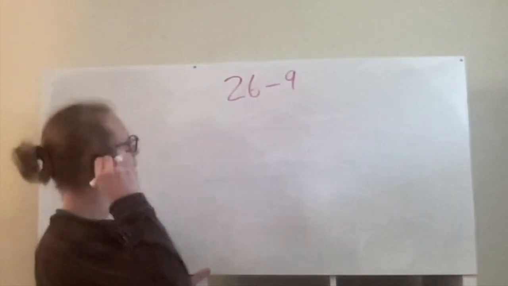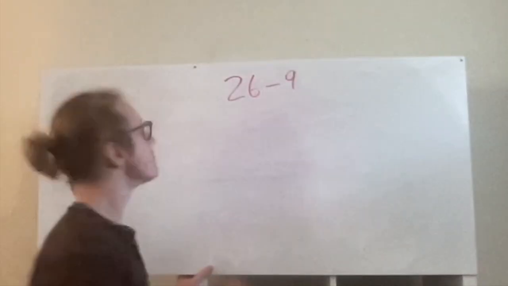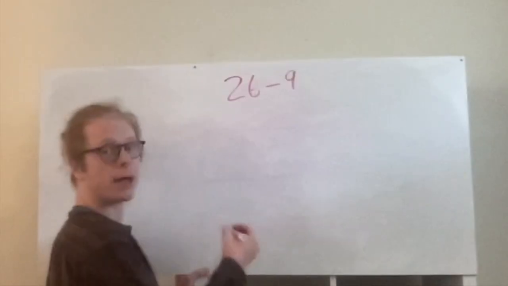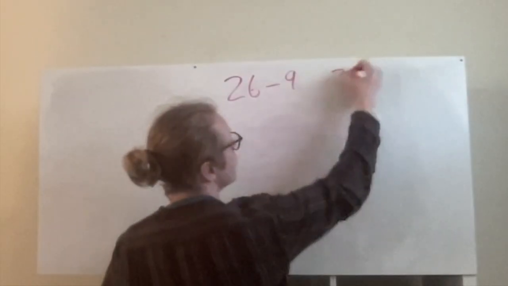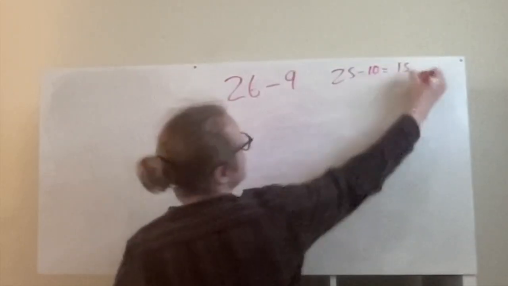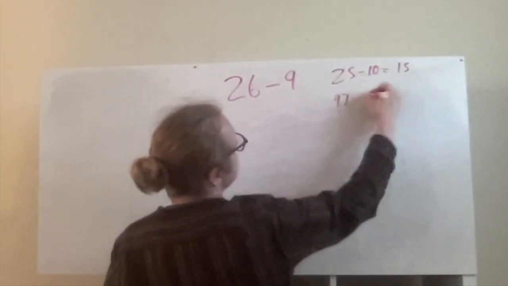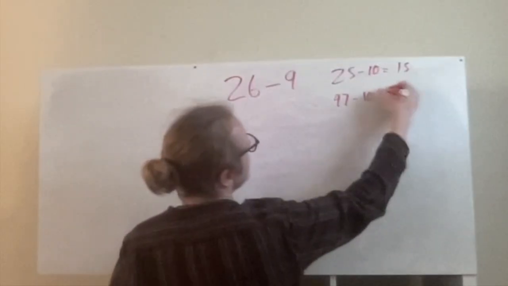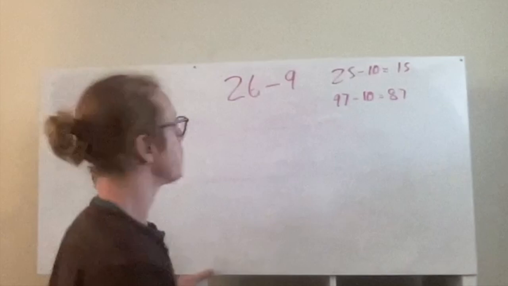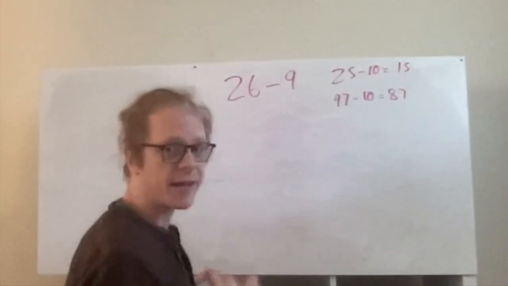Taking away 9 is not the easiest to do in our head, but taking away 10 is pretty easy to do, right? Let's just review that for a second. 25 minus 10 is 15, right? 97 minus 10 is 87, right? Because our whole number system is built on 10, it's pretty easy to take away 10.